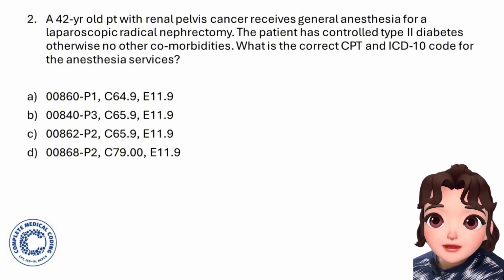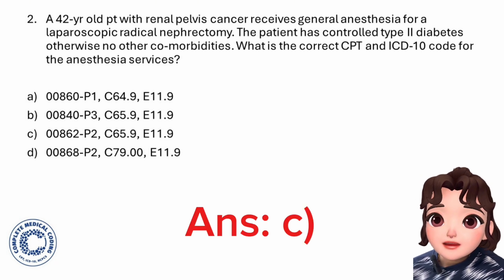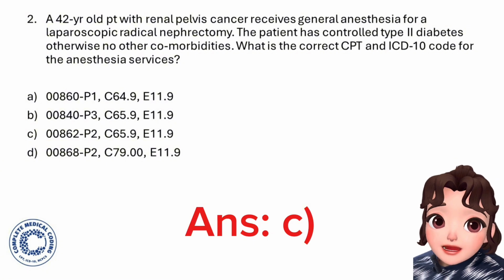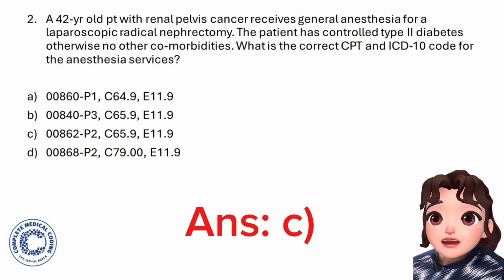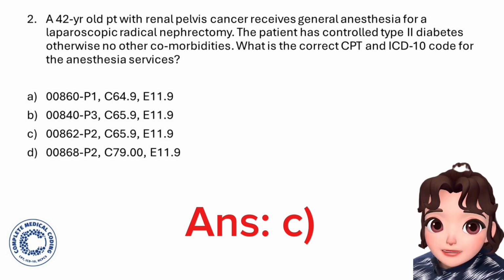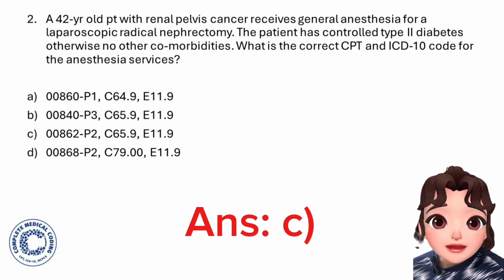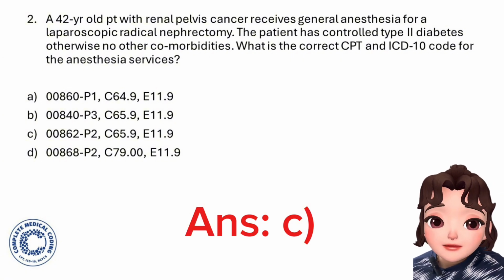So our answer will be option C, 00862 for the anesthesia code with P2 modifier, patient with mild systemic disease. C65.9, malignant neoplasm of unspecified renal pelvis, and E11.9, it's type 2 DM. Okay, so answer is option C.